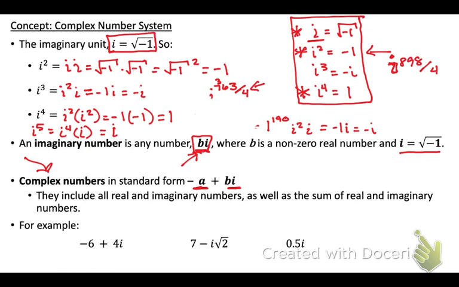So, examples: we have negative 6 plus 4i. That is a complex number. It's complex because it has two parts. It has a real part and a what? Imaginary part. 7 minus i square root of 2. That is a complex number, but is it written correctly? Nope.